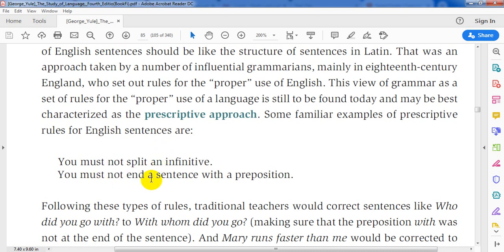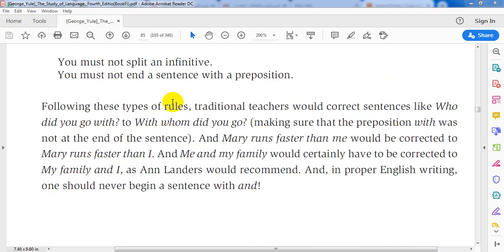You must not end a sentence with a preposition. So these are strict rules and should be followed according to the prescriptive approach if you want a proper sentence in the English language.